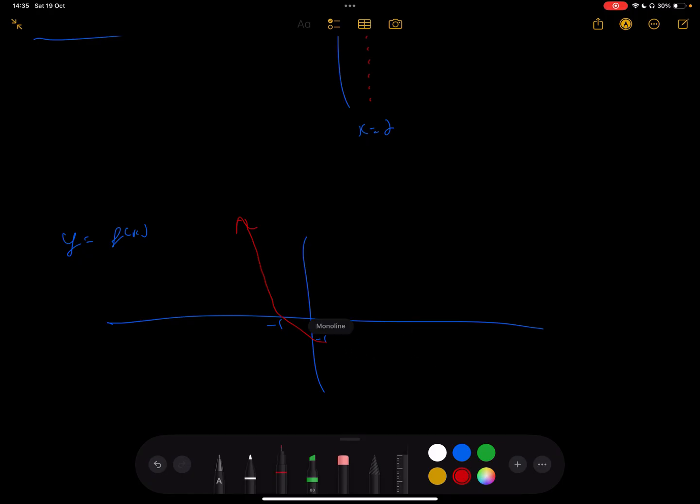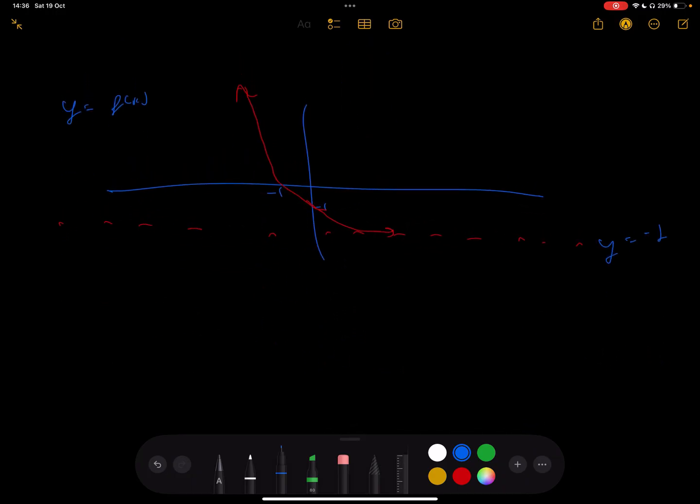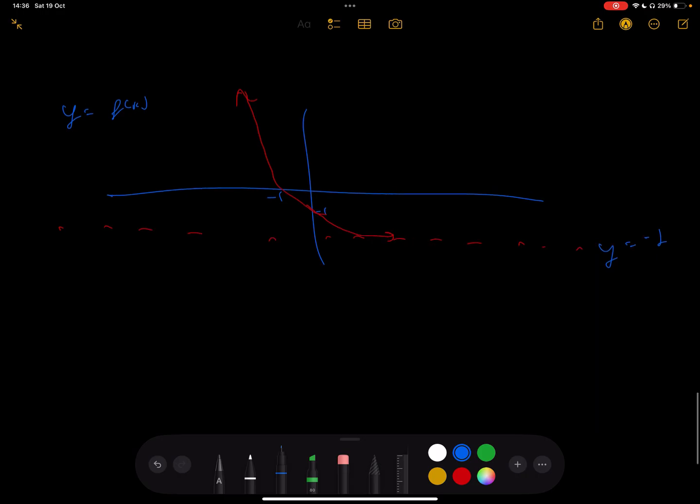We could go down a little bit more. Okay, and it has an asymptote at x is equal to -2. Alright, so this is our graph for y is equal to f of x, where it intercepts -1 on the x-axis and -1 on the y.